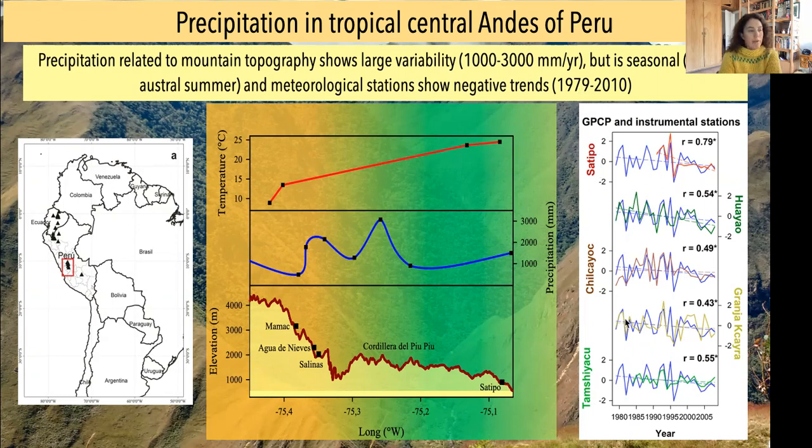And you can see in the third panel, there is a general decrease in the precipitation trends, seen in almost all the instrumental data that we collected. But of course, longer records are needed to understand the precipitation variability at various scales, mainly the long term.